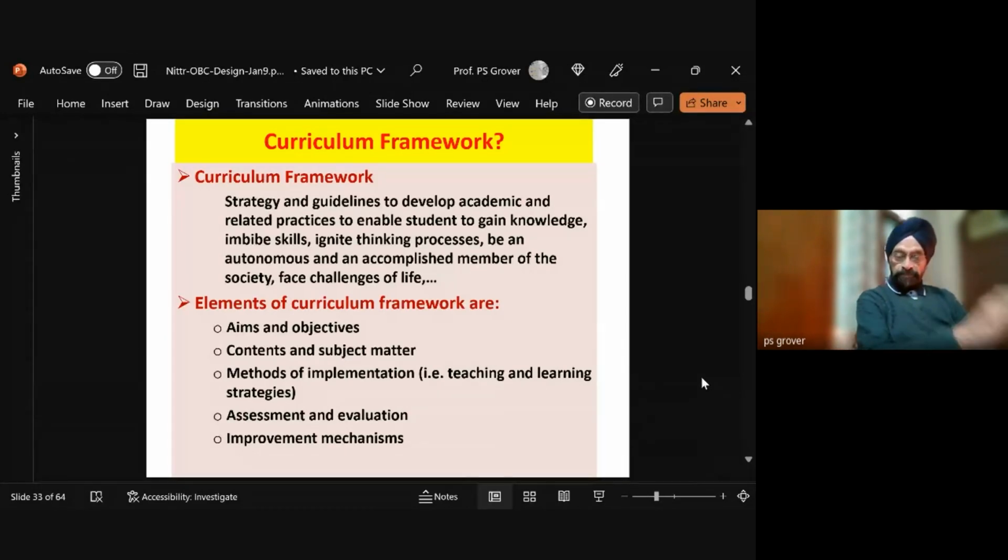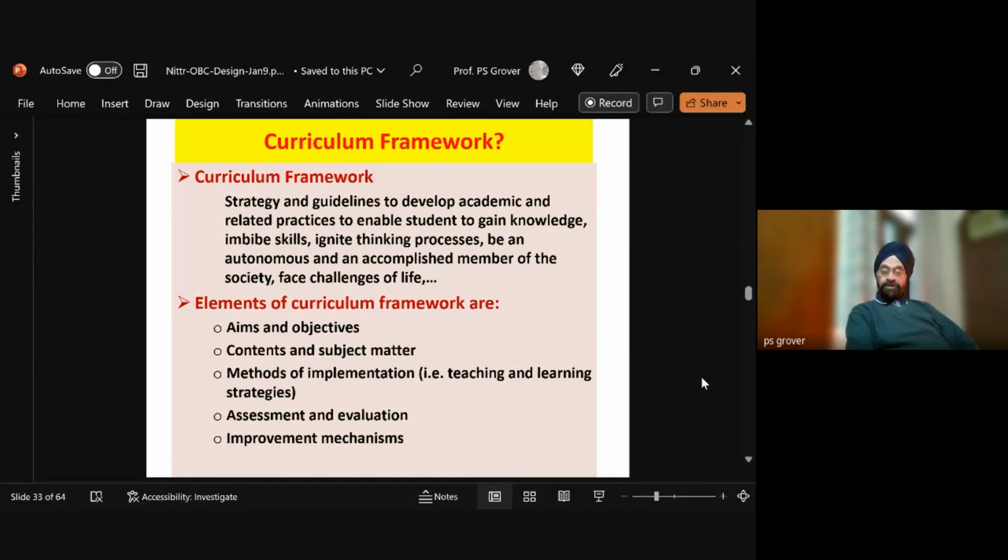So when I say thinking processes, our assignments and assessments have to be such that we challenge the student to use his mental abilities in different ways. Now, I can do it only if I give them that kind of assignments, that kind of problems, that kind of projects. If these projects are part of your curriculum, then he will be able to do these things.